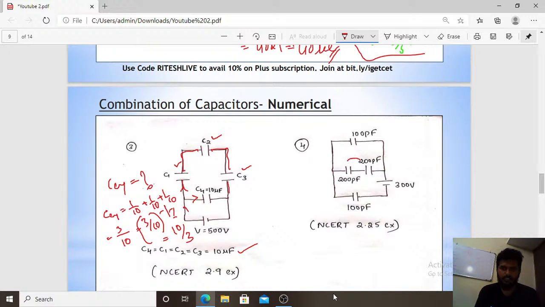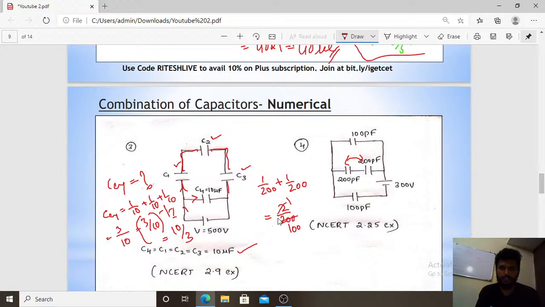So what kind of circuit is it? C equivalent, these two are in series. In series means 1/200 plus 1/200 again. So that is nothing but, how much did you get? 2 ones are 200, so you get 100 by inverse. 100 picofarad.